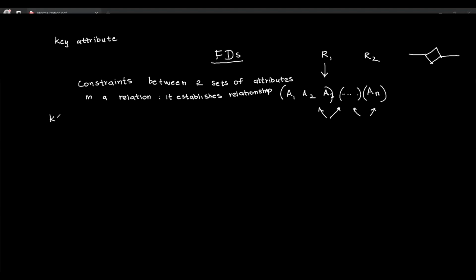What is a key attribute? A key attribute is an attribute that is used to identify tuples in a relation uniquely.